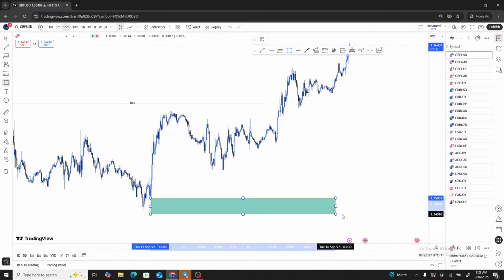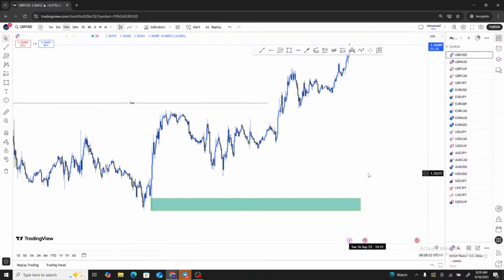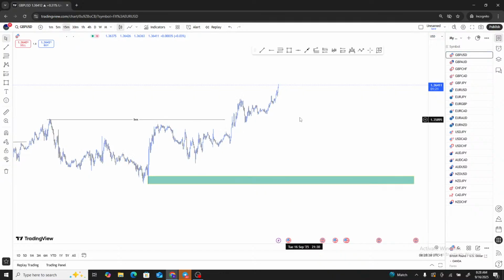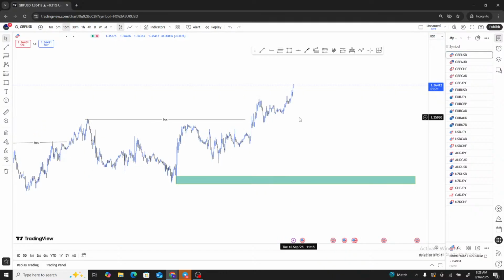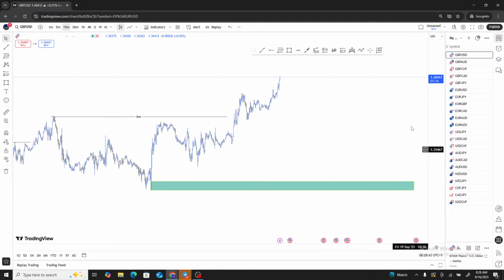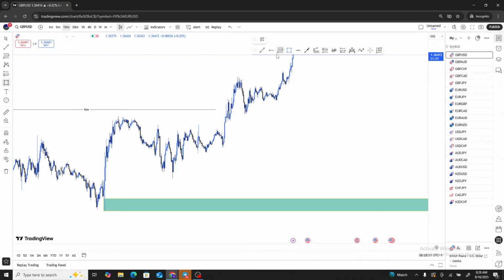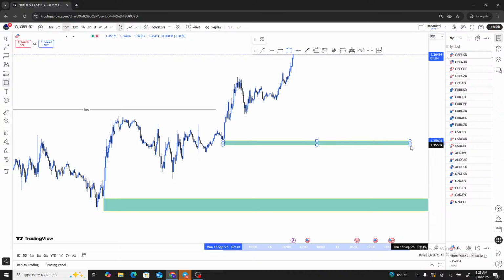Can you see? It is a hidden order block. I'll map it out. And here is another order block, where we could take our buys from. This is another order block.